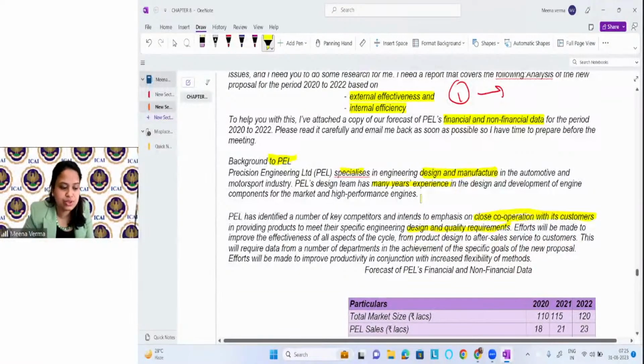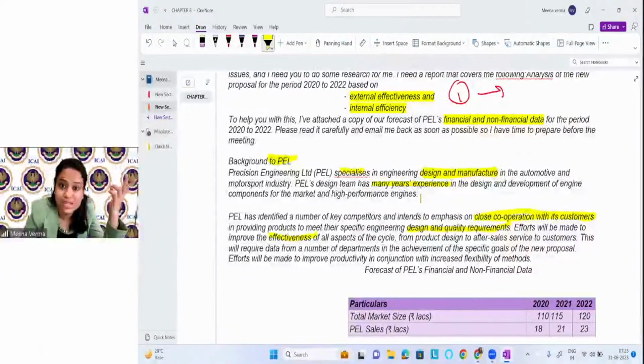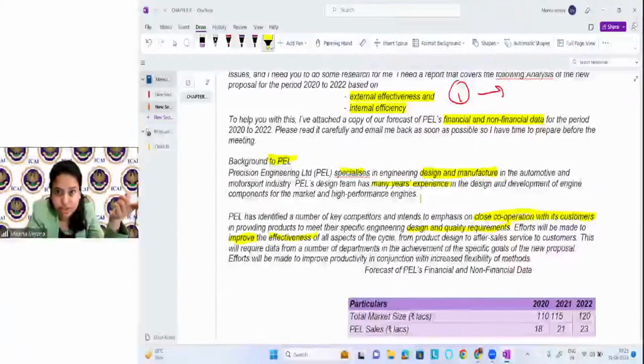Efforts will be made to improve the effectiveness. So, external effectiveness, internal efficiency. External effectiveness can be improved by providing customer satisfaction, and by improving quality and delivery. You can see they are working on improving their external effectiveness, customer satisfaction, by providing a quality product.